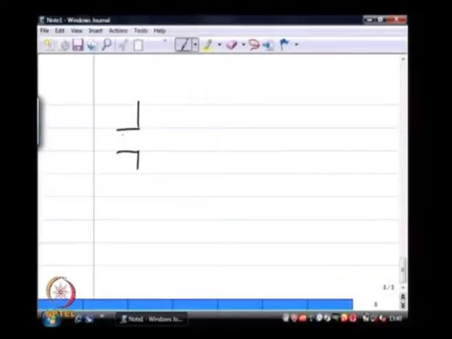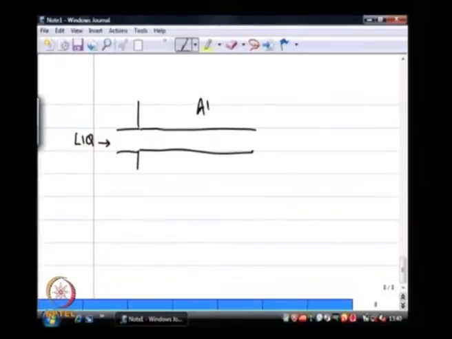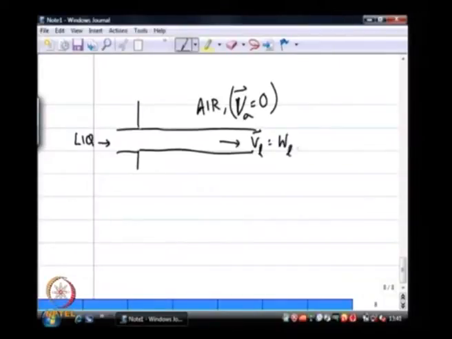So, think of an atomizer. Now I am injecting liquid through a little hole. I have created a cylindrical column of liquid and this is air outside. The air velocity is 0. The liquid velocity is some W_L e_z.